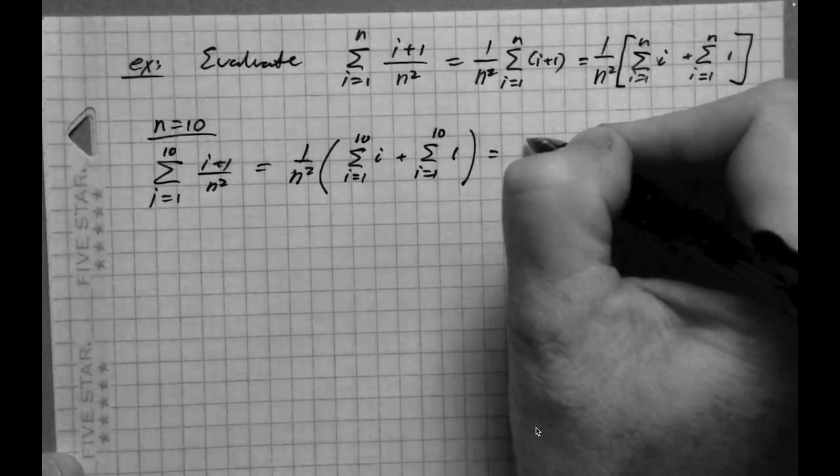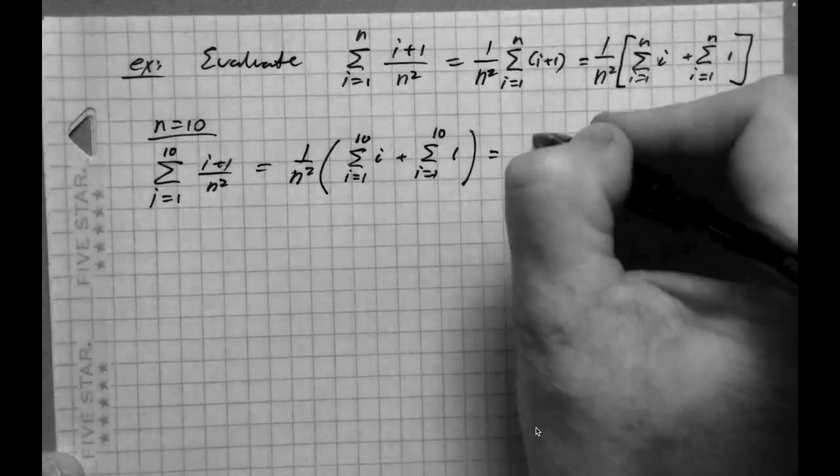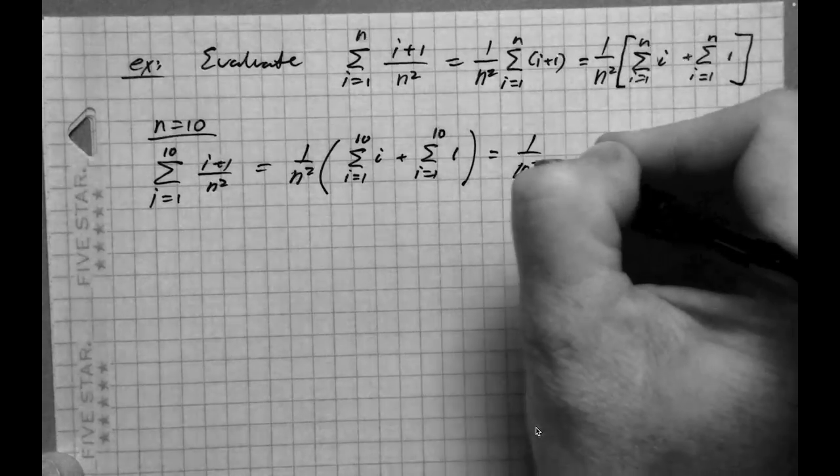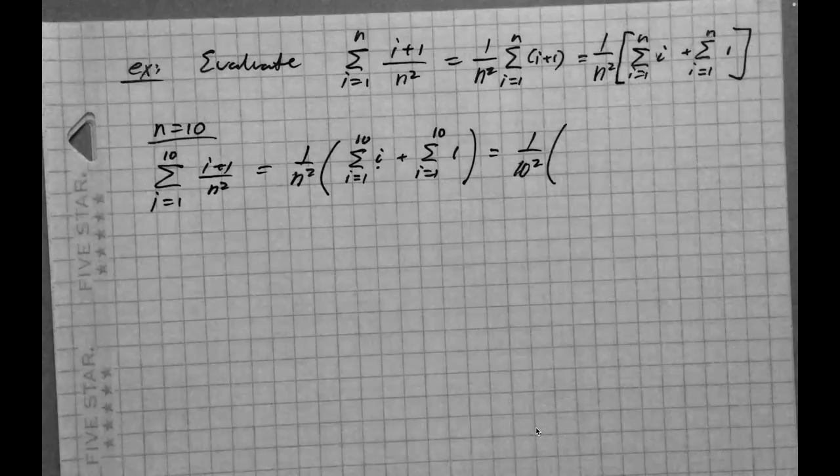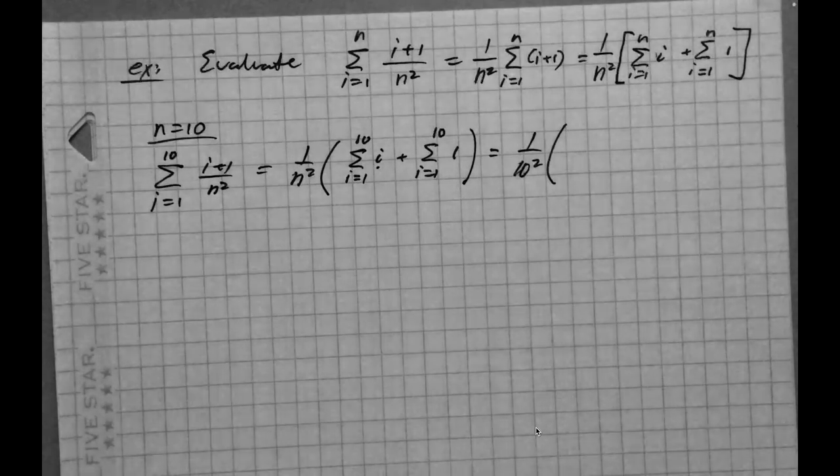Technically we know what n is, so I should have written 1 over 10 squared here. And then what's the sum of i?